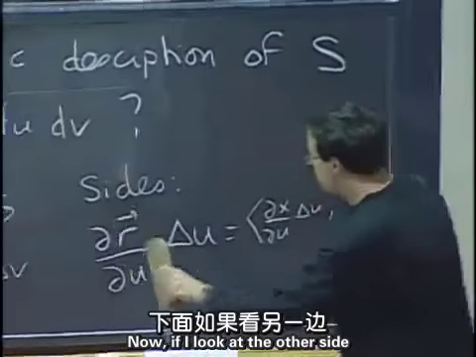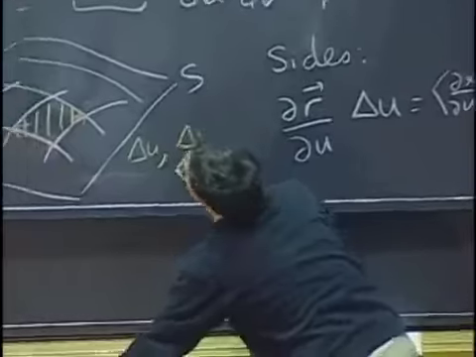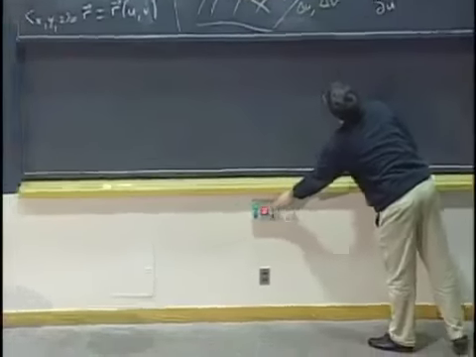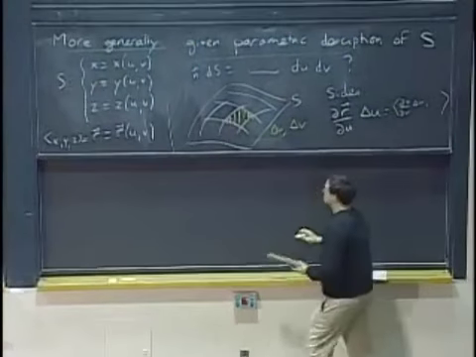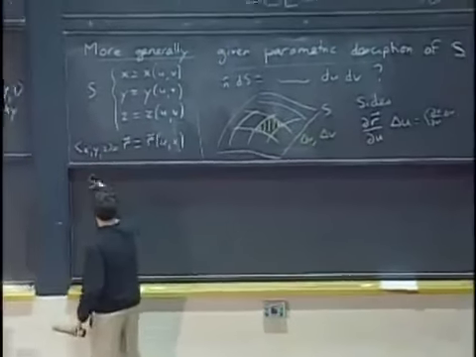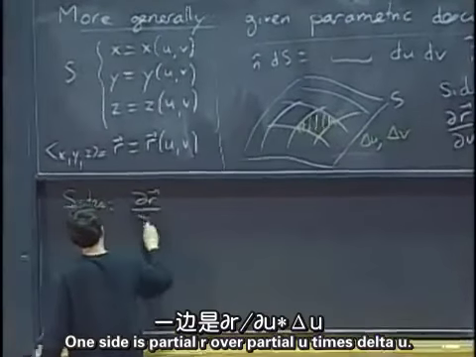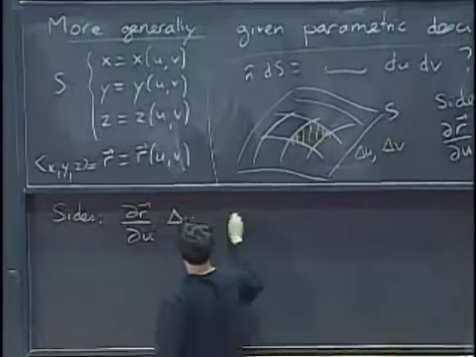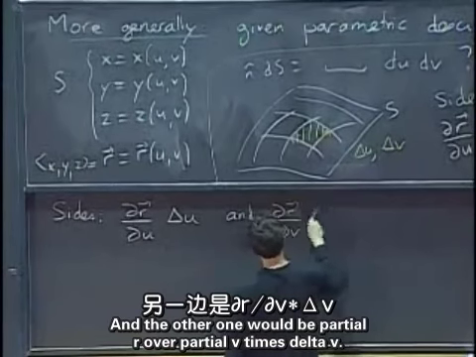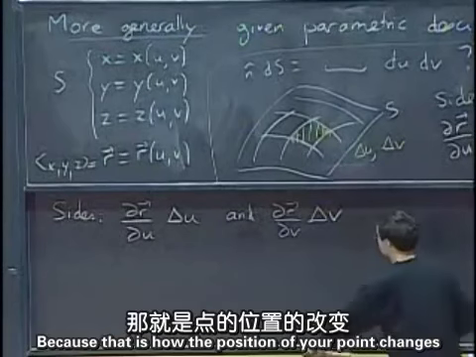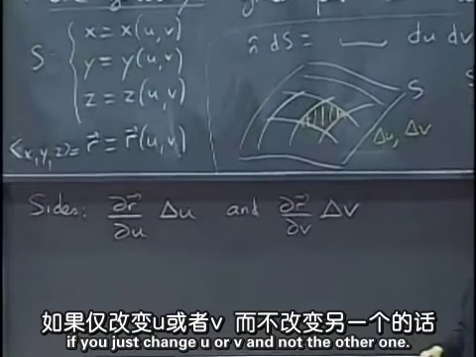Okay, now if I look at the other side, okay, so let me start again. I'm running out of space. One side is partial r over partial u times delta u, and the other one would be partial r over partial v times delta v, because that's how the position of your point changes if you just change u or v and not the other one.